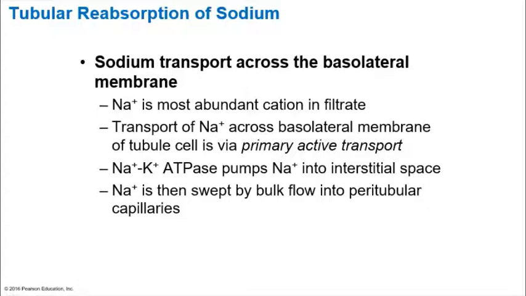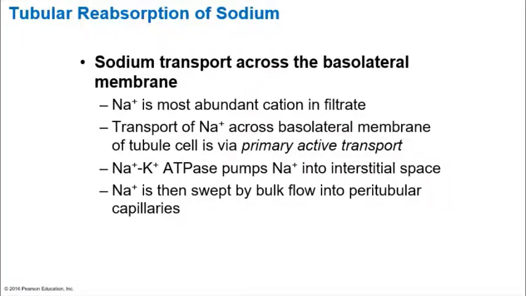Remember, your sodium-potassium ATPase would usually kick out 3 sodiums for every 2 potassiums it lets in. And remember, it's called an ATPase because it uses energy. This is how you're transporting sodium across the basolateral membrane. You're kicking out 3 sodiums for every 2 potassiums you let in.